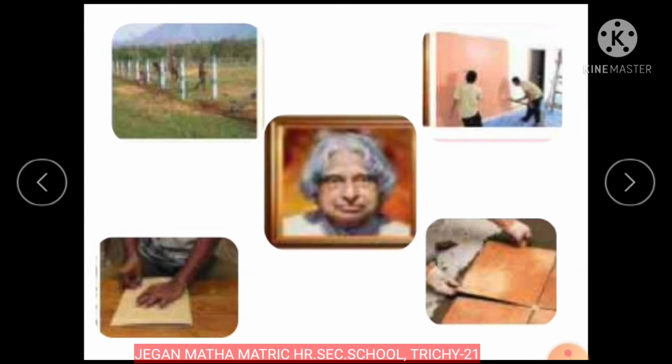Some situations need to be handled tactfully and efficiently for the following reasons. Using the optimum space to build a dining hall, kitchen, bedroom, etc. In constructing a house in the available land and planning of materials required.